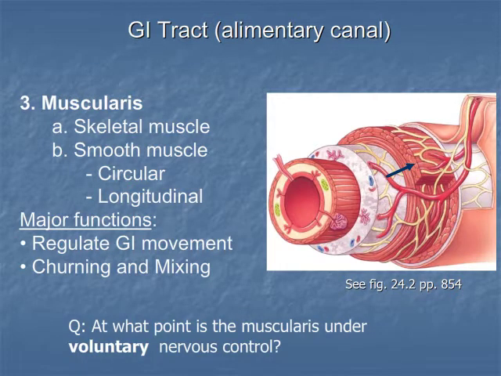So given that we have smooth muscle in some parts of our GI tract and skeletal muscle in others, what parts of the digestive process are actually voluntary? Well, if you think about it, there are two voluntary processes going on in the digestive tract. The first of these is the act of chewing and then swallowing. These are both voluntary processes that are accomplished via skeletal muscle in the mouth and also the back of the pharynx.